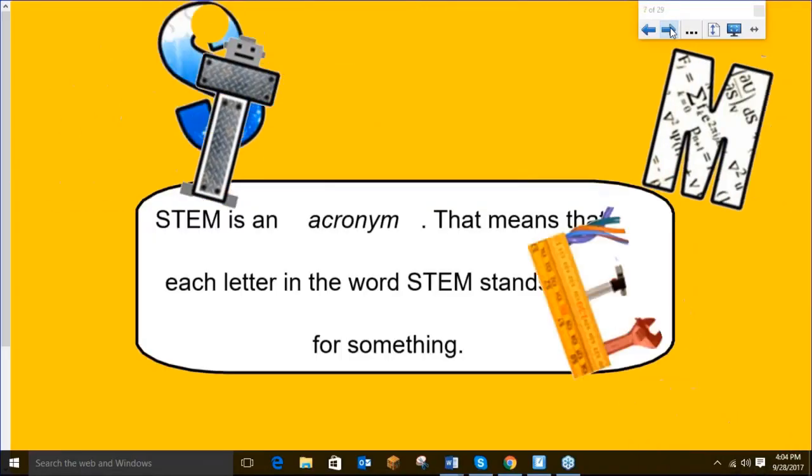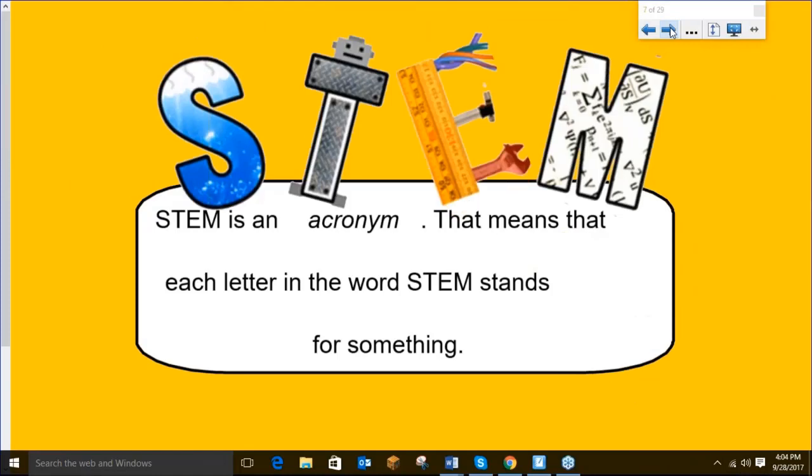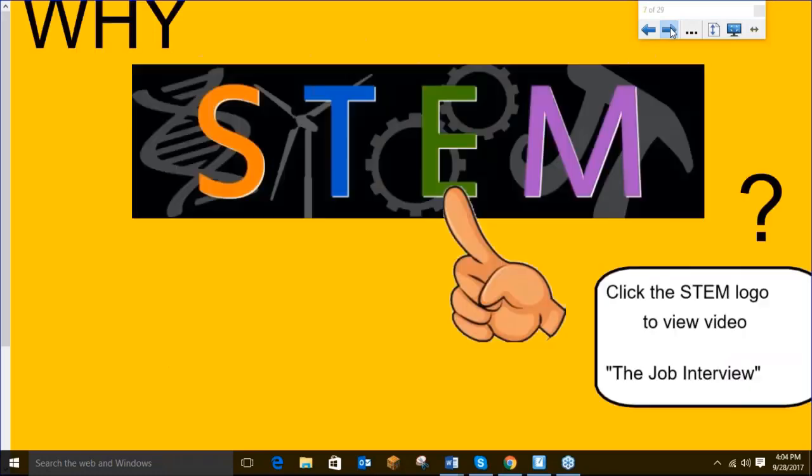We start off the school year getting the students in that STEM thinking state of mind, and we talk about STEM as an acronym and what each component of STEM is: the science, the technology, the engineering, and the math. Each one stands for something specific, but they all come together to create STEM in the classroom to get them prepared for real-world experiences.